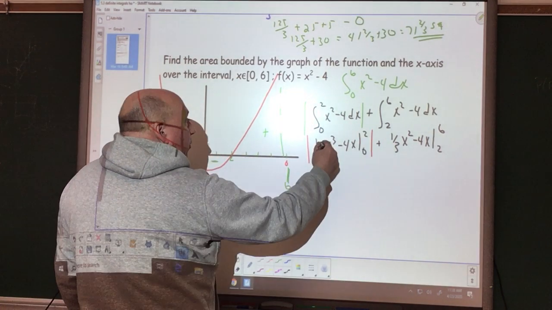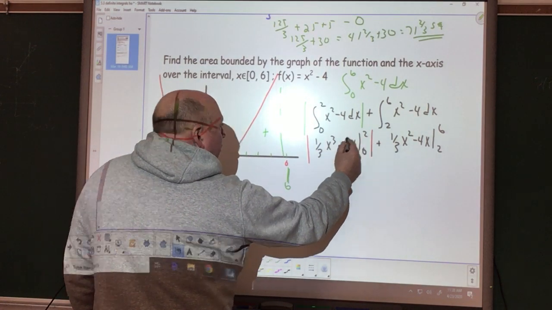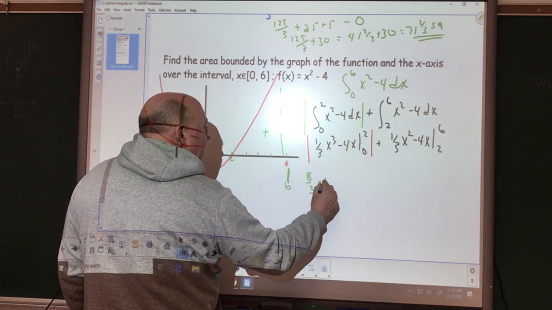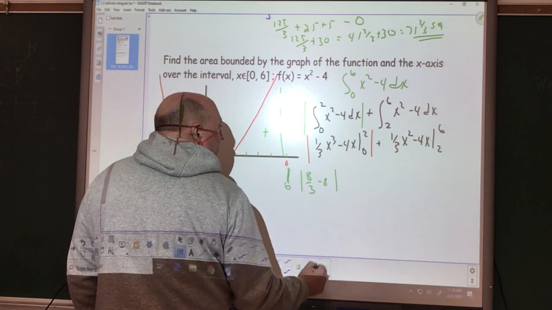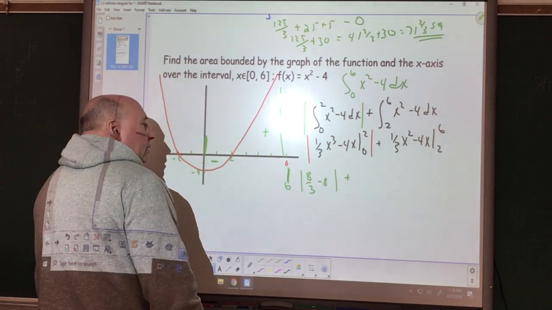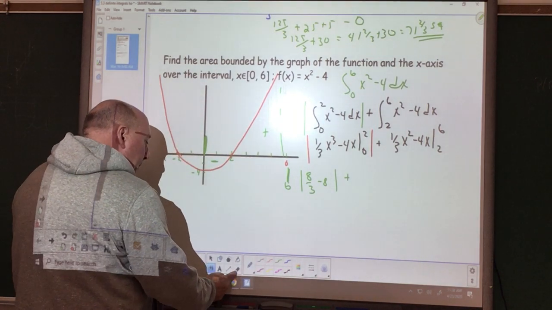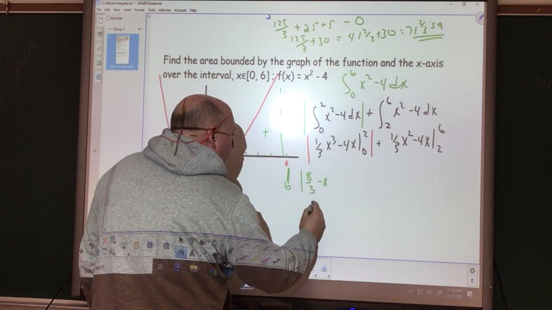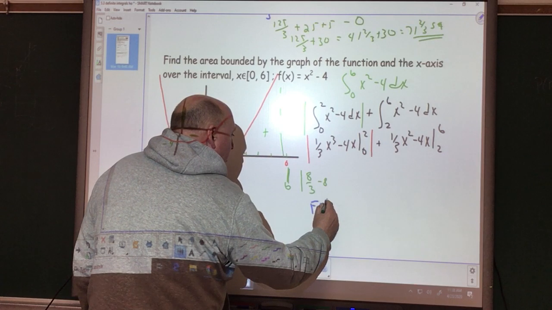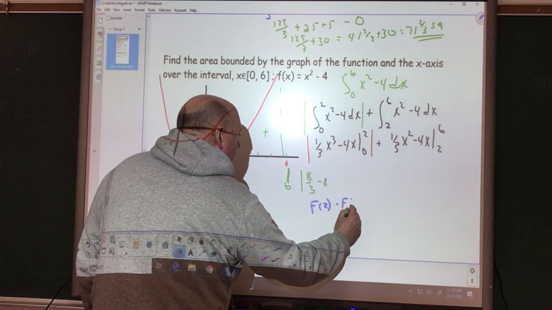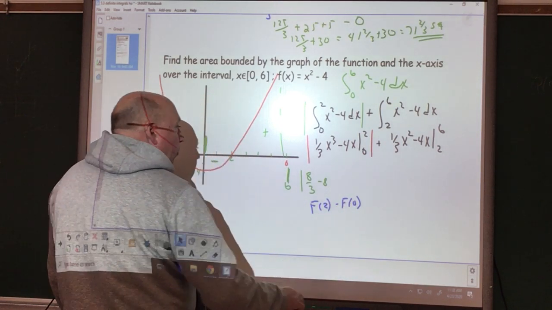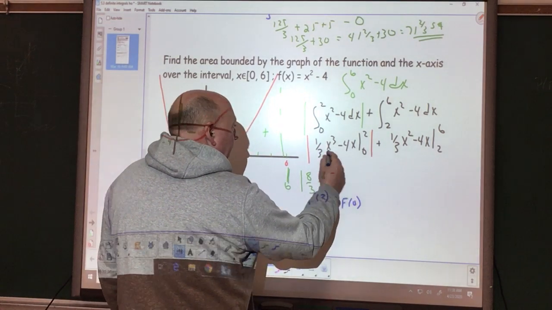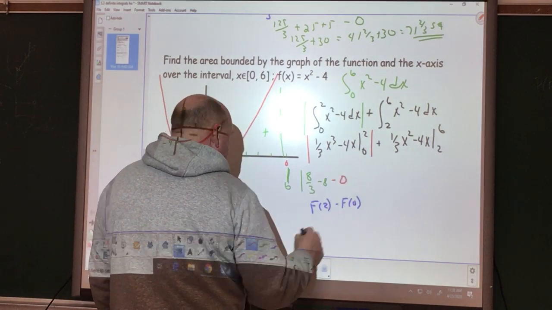So if we evaluate at the value of 2 first, we have 8/3 minus 8. This is my evaluation at 2, and then we have to subtract off our evaluation at 0. Once again, the nice thing about the zeros in here is I get 0 minus 0, so I have a 0 in there.